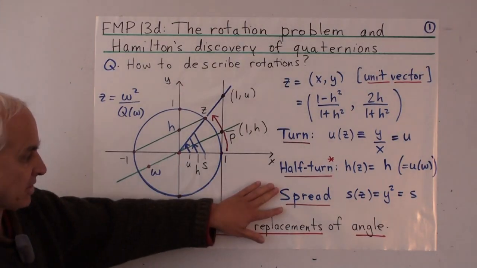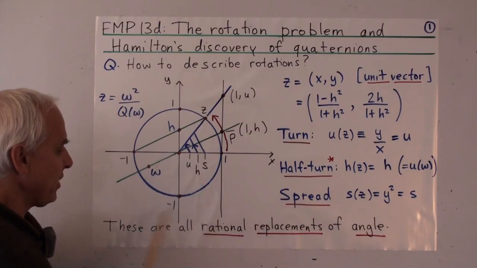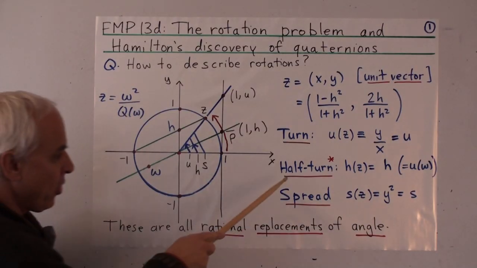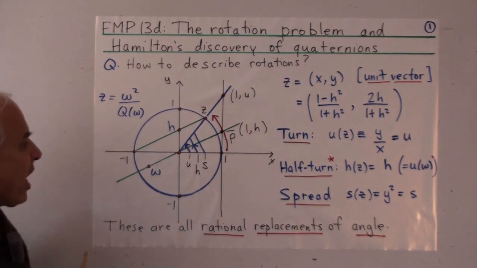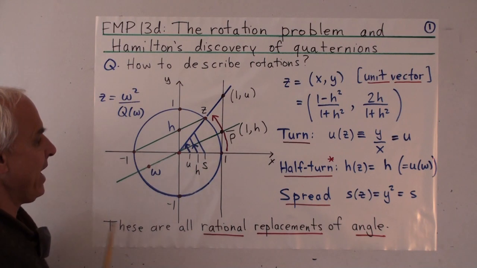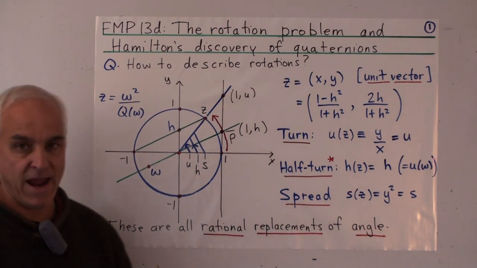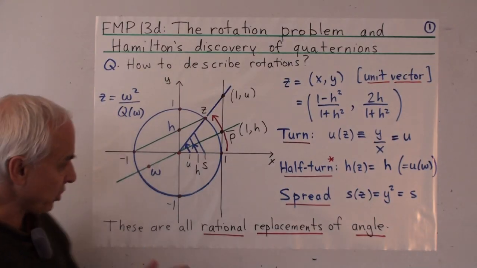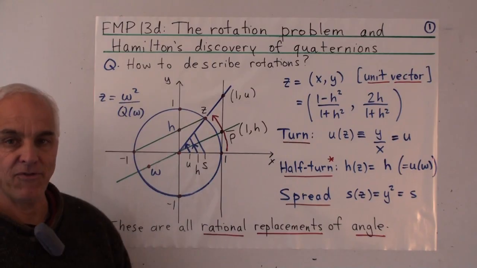We're not going to use that, I'm just mentioning it out of interest. So these are all rational replacements of angle, and we're going to be especially interested in the half turn. It's a way of describing points on the unit circle, very classical, going back to Euclid, and it's a replacement for angle.